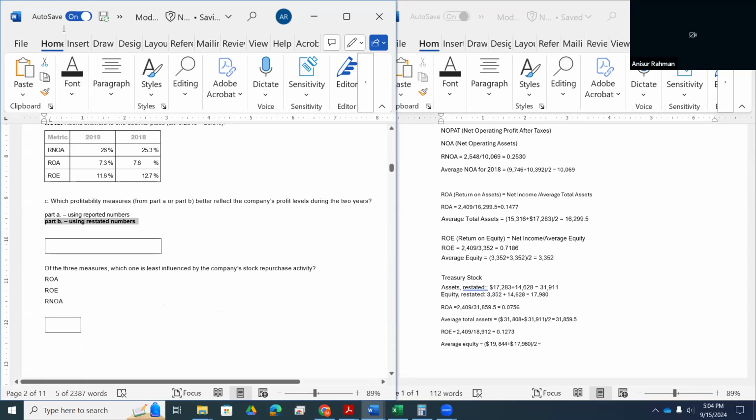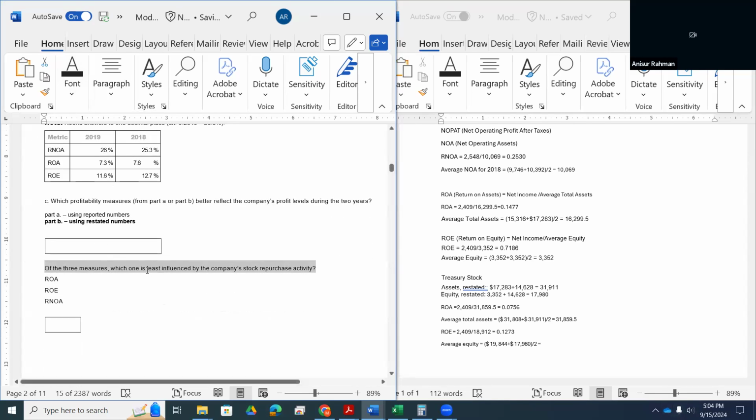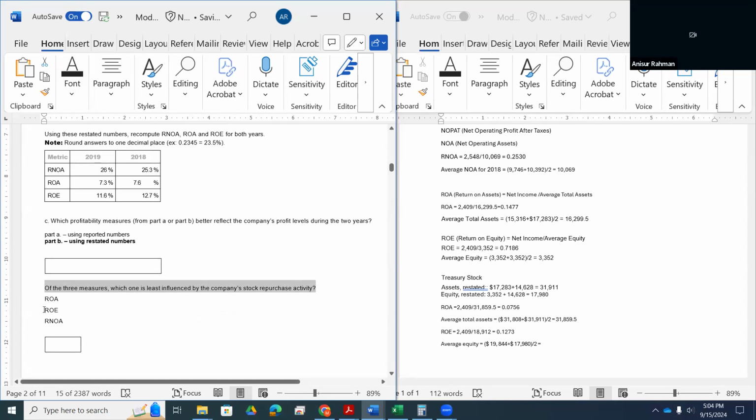Of the three measures, which one is least influenced by the company's stock repurchase activity? Now, our return on assets changed. Our return on equity also changed after we have adjusted with treasury stock, adjusted both total assets and equity with treasury stock.